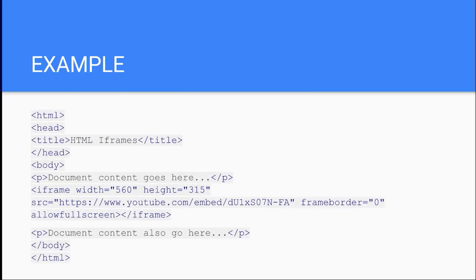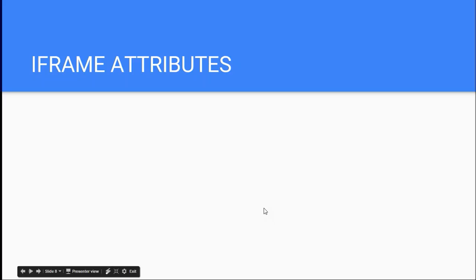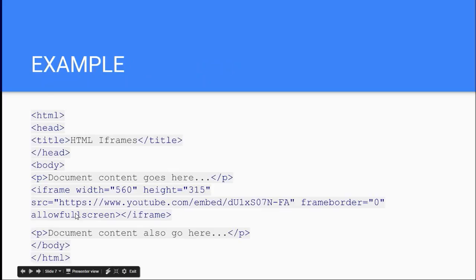Let us see an example for the iframe. In this code, I opened an iframe here with a width of 560 pixels and a height of 315 pixels, and I copied a URL, that is a YouTube video embedded link. Okay, let's try this and you'll understand it.